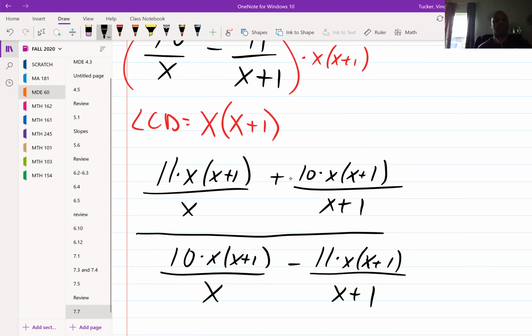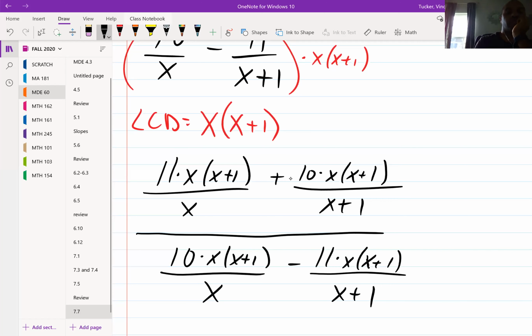All right, so everything stays the same except we have multiplied each numerator by x times x plus 1. We can cancel out those x's.